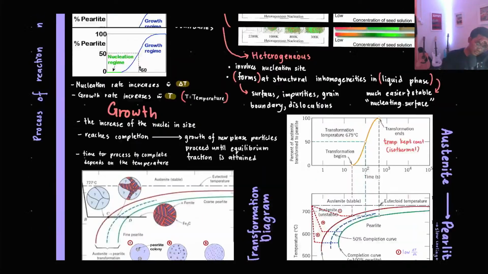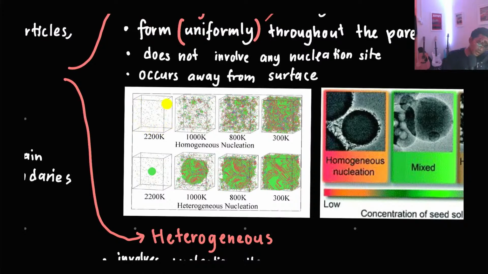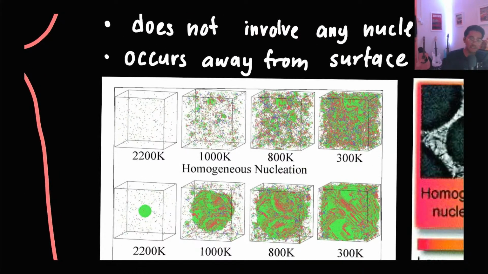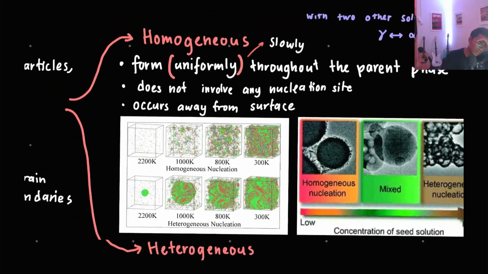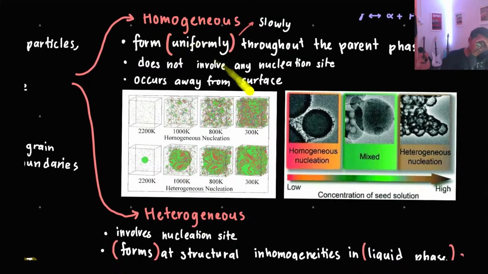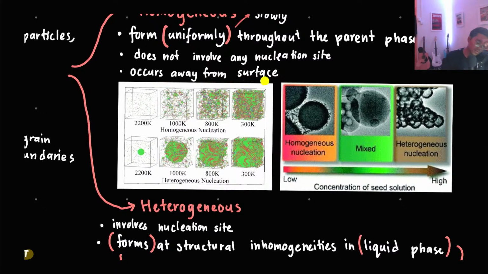So in austenite, some of the ferrites will be emerging. That is what we call the nucleus. The difference between homogeneous and heterogeneous is that homogeneous is a slow process. It does not involve any nucleation site because the nucleus will emerge naturally and slowly, and it occurs away from surfaces.